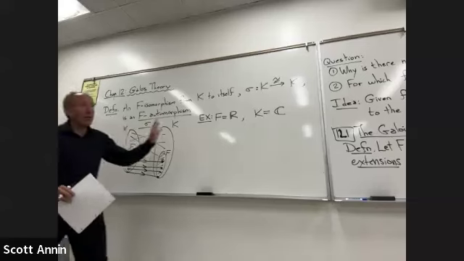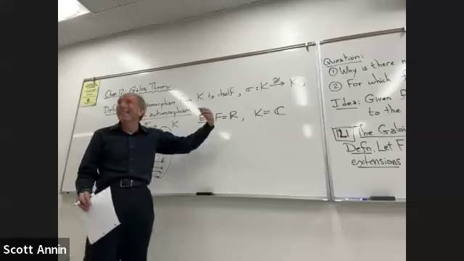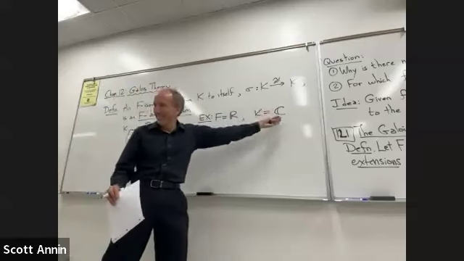And so at the moment, by the way, guys, I don't have a polynomial in my hands. I'm coming back to that. Right now, I simply have a field extension, okay?